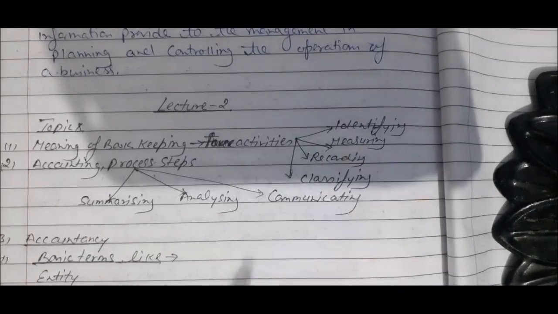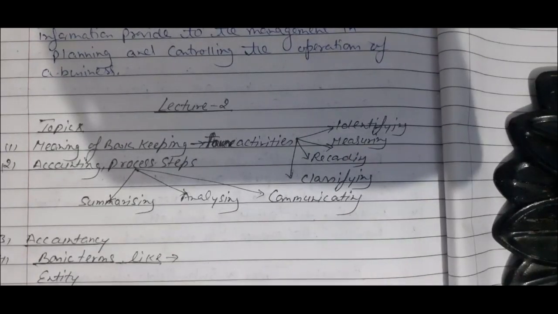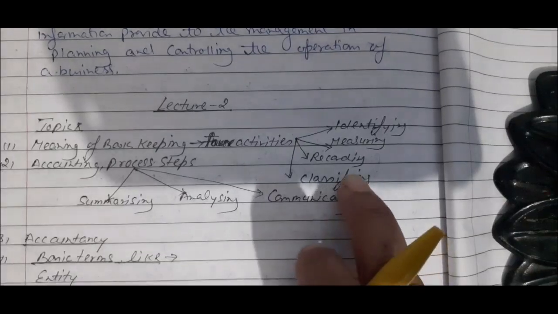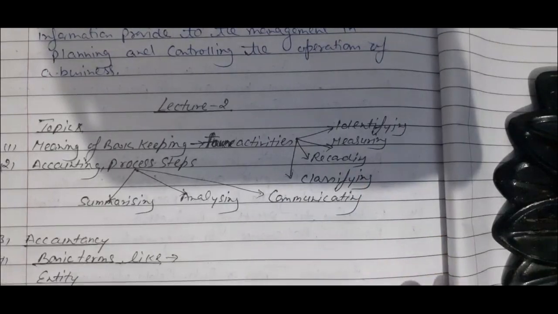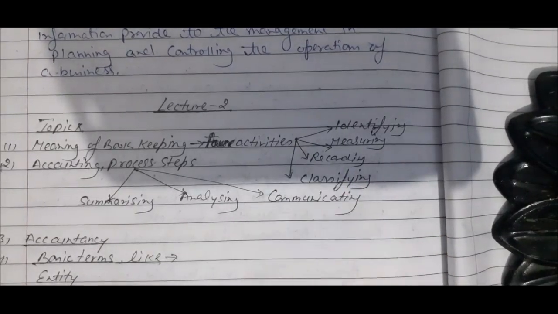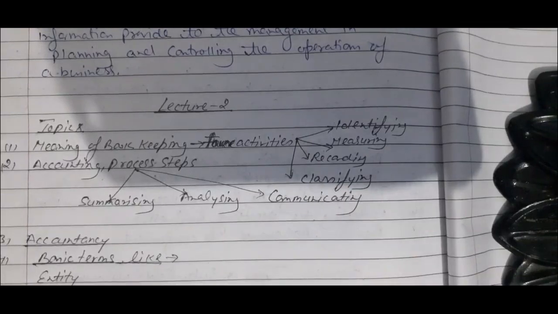Second, measuring the identified transactions in terms of money. Third, recording. We record all the transactions in the books of accounts. Fourth step, classifying. Classifying means we post all the transactions into the ledger.